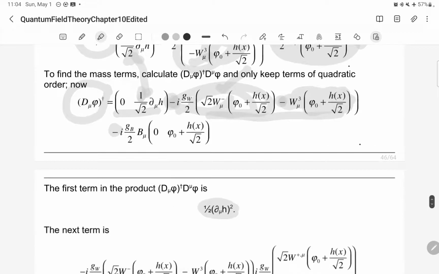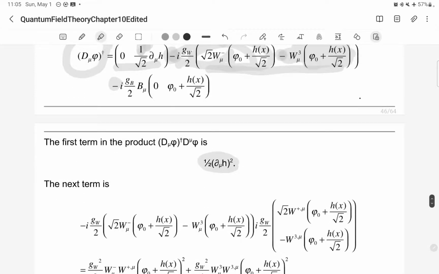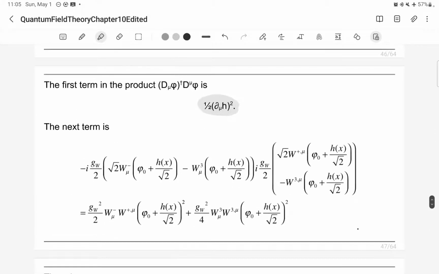So this one will be multiplied by this, and it will give us GW square over 2, and then the matrix would be multiplied to here.